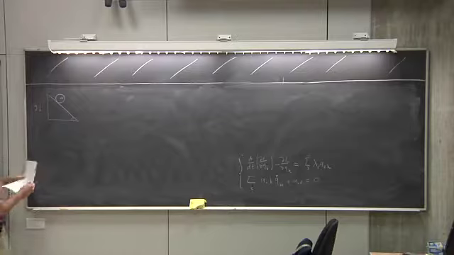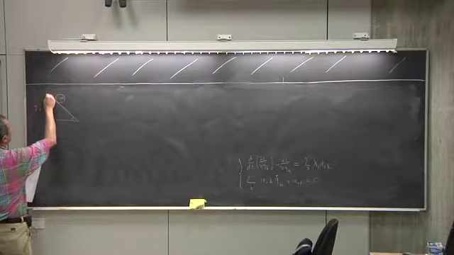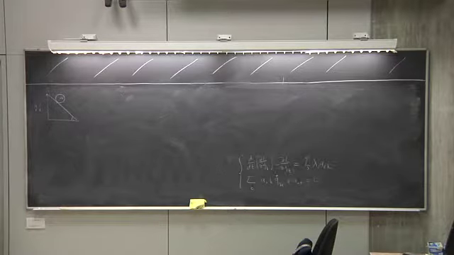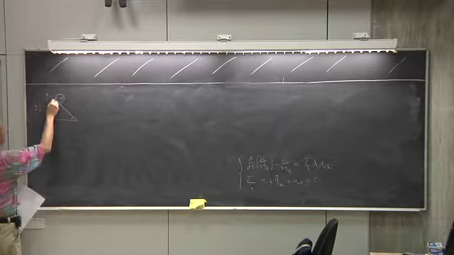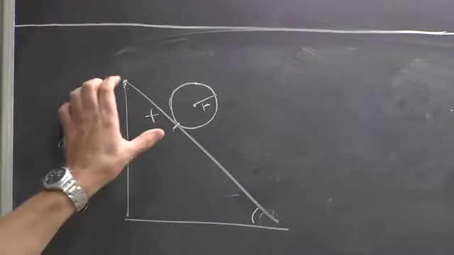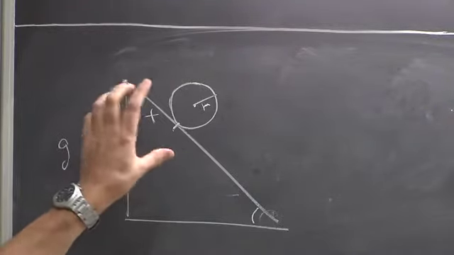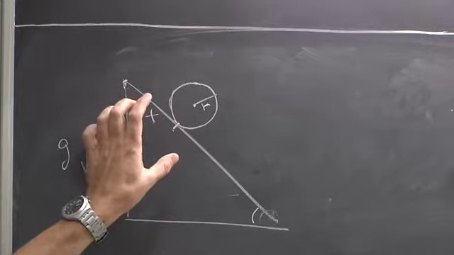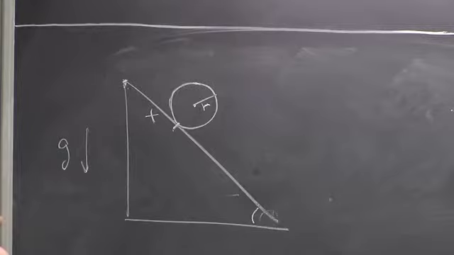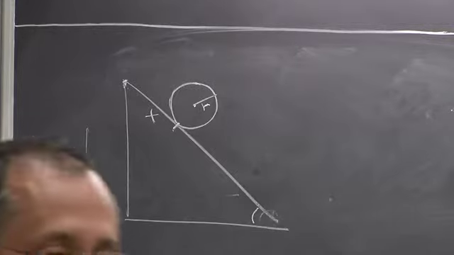So for instance, let's call the distance from here to the point at which the disk is touching the plane x. Okay? So now I fix this. Can I still move my system and keep the x fixed? If you think yes, that means you have an additional degree of freedom, right?